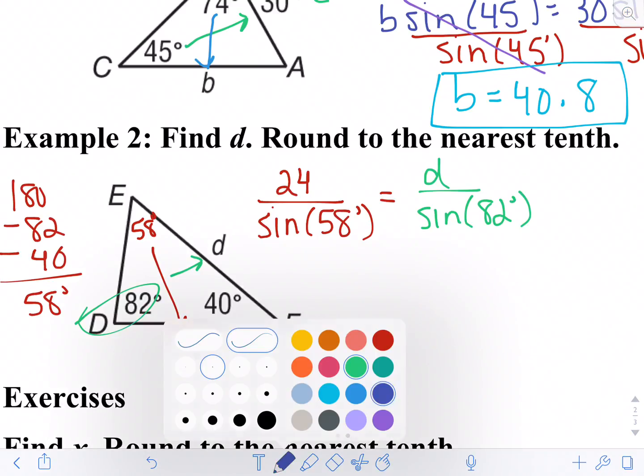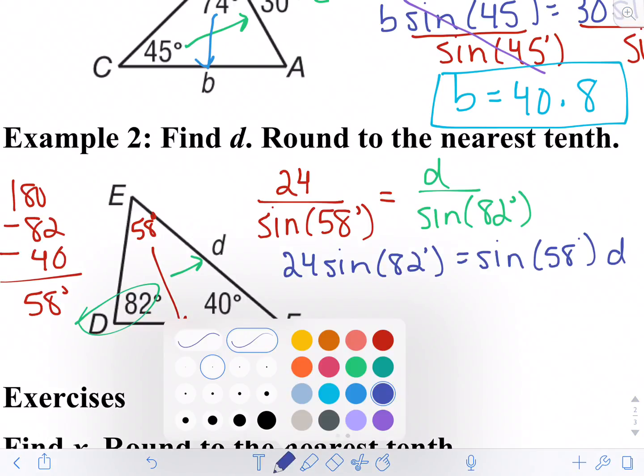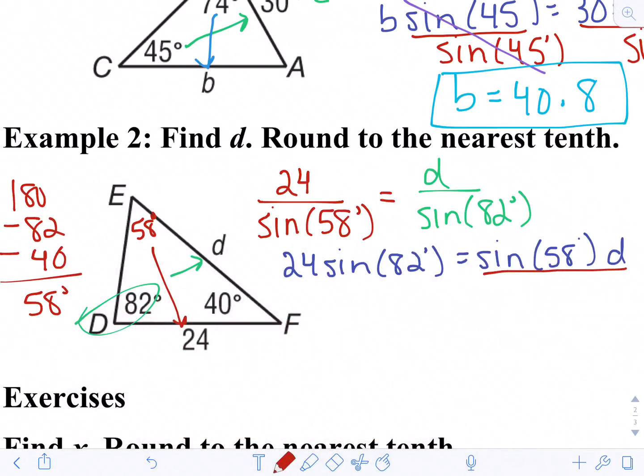Okay, so now we're just going to cross multiply. So we have 24 times sine of 82 degrees is equal to sine of 58 degrees times d. You have to divide both sides by that sine of 58.